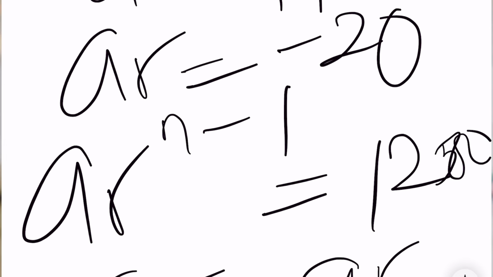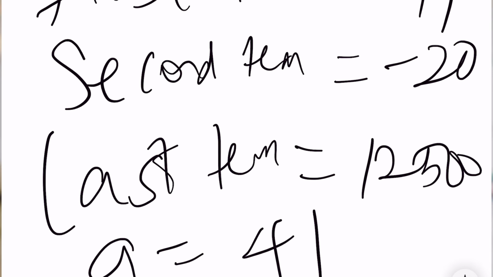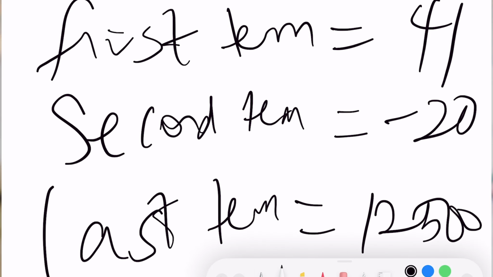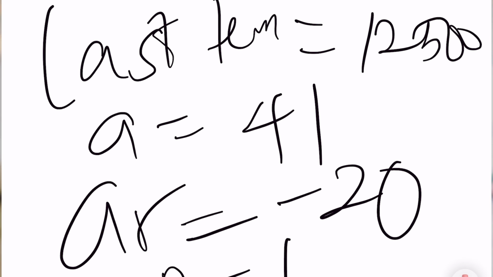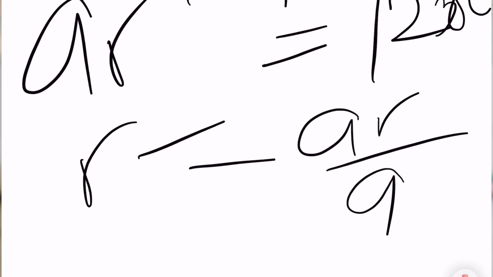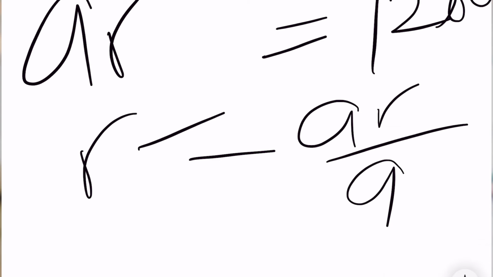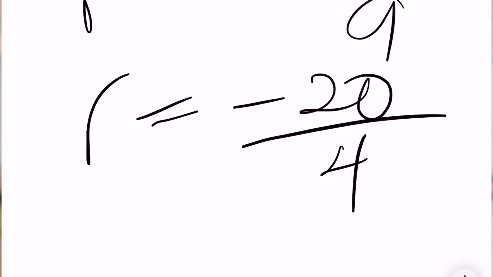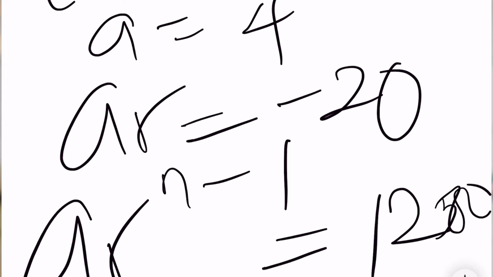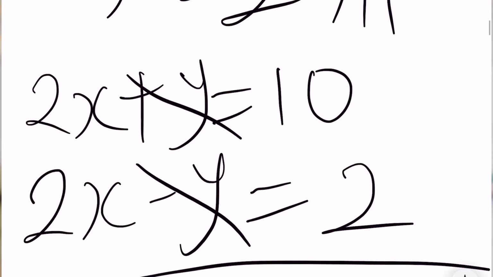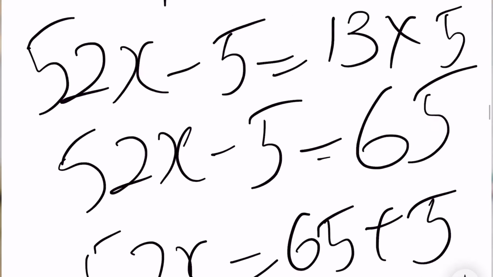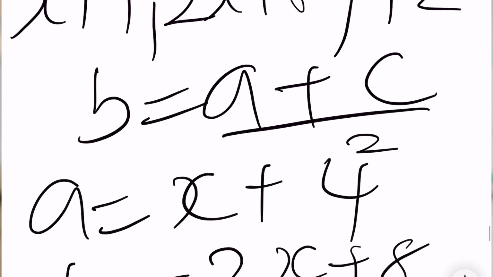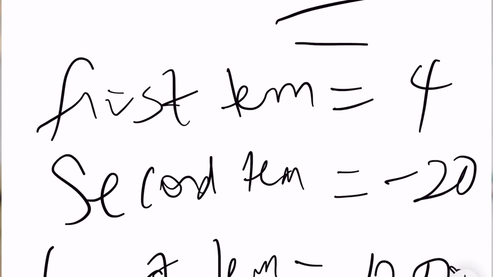Our a is 4, sorry, not 41. So it will now be ar over a, so we have our r to be minus 20 over 4, which gives r equals minus 5, because our first term is 4, then minus 20.